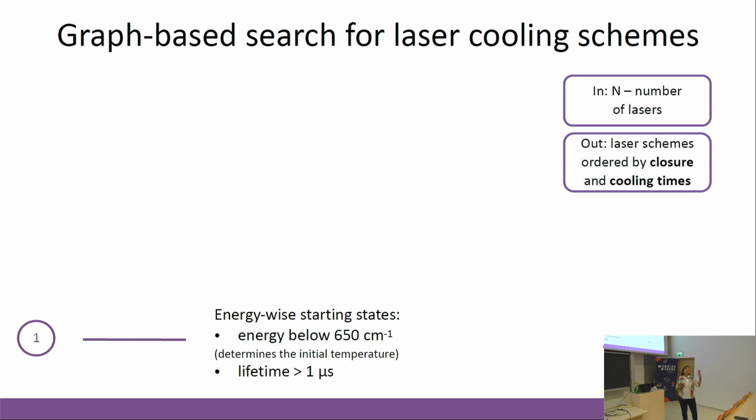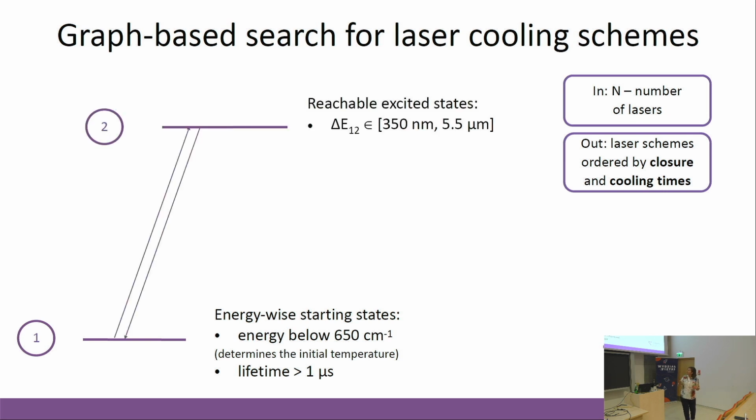The second condition is that the lifetimes of those states have to be long enough so you have time to pump them up to the excited state. Next, you need to identify all possible states that decay to the starting state. This we call a reachable excited state.